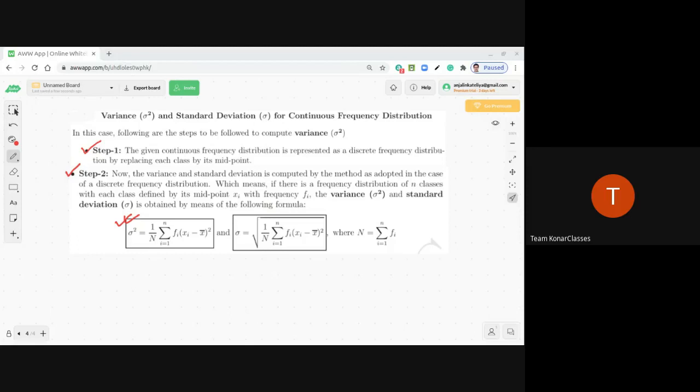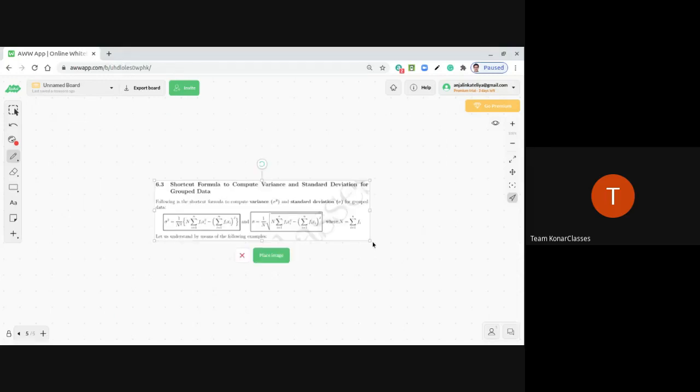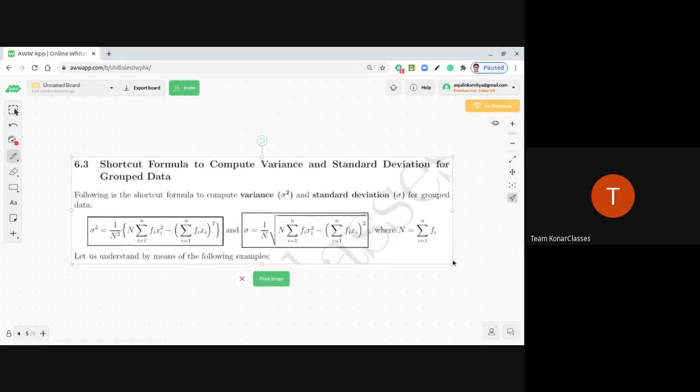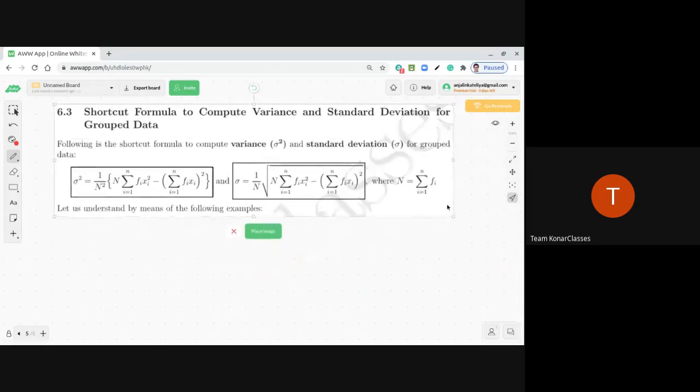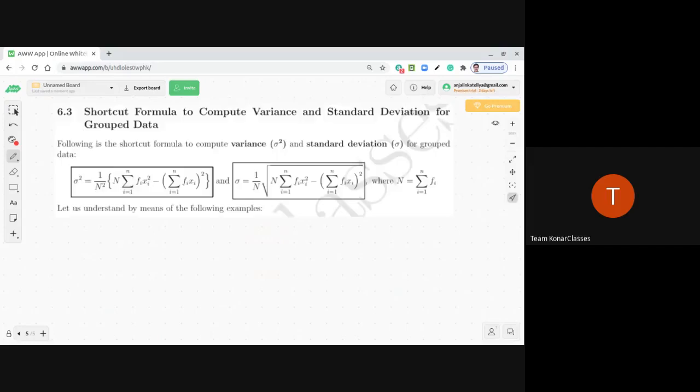Why is this shortcut method required? Because it is quite a tedious process to compute sigma square and sigma using the formula I mentioned so far. So we encourage that you use this method while solving numerical problems. So what is that, dear students?